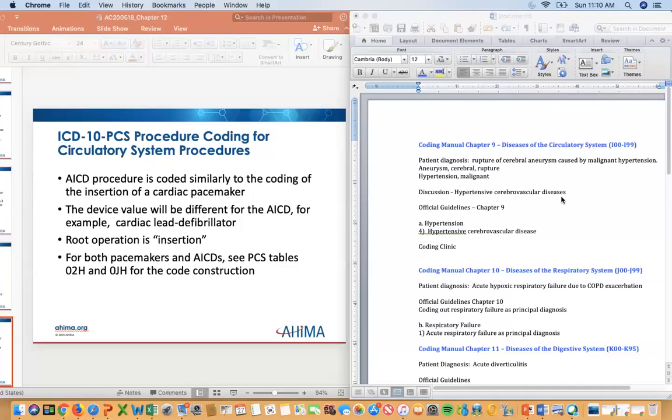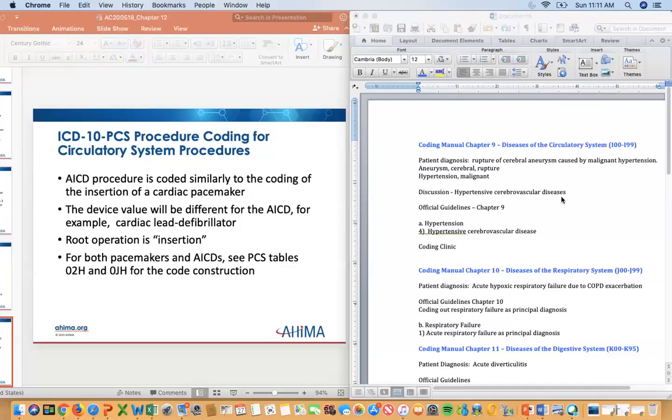Okay, so I didn't do this with our first chapter, but we'll do it with our last diagnosis, the cerebral aneurysm. So we'll go back to the beginning of the chapter, and we're looking at chapter 9, diseases of the circulatory system. The codes that these rules apply to are I00 to I99.